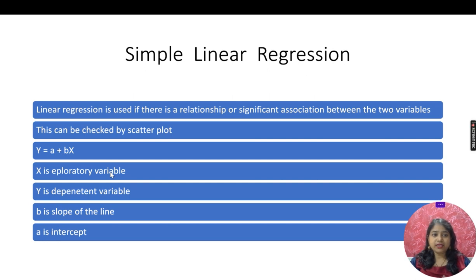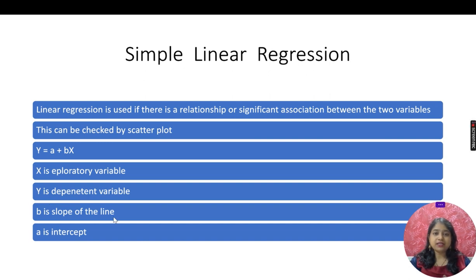Now, simple linear regression. Linear regression is used if there is a relationship or significant association between the two variables. So, how do we write it? We write y equal to a plus bx, where x is the explanatory variable, y is the dependent variable, b is the slope of the line, and a is the intercept.